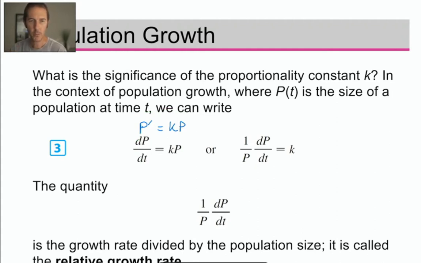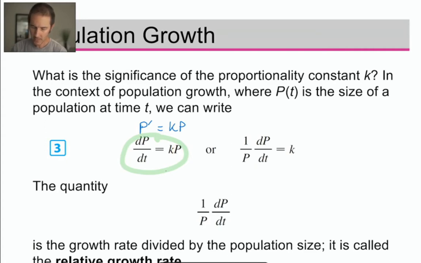The derivative of p with respect to time is equal to some constant times p, where p is a function of time. See how it's just being called p here, but really p is population as a function of time. It can be a little bit confusing, so that's why I keep trying to point that out.